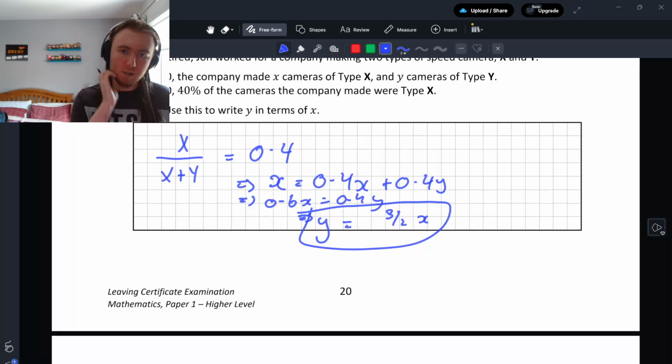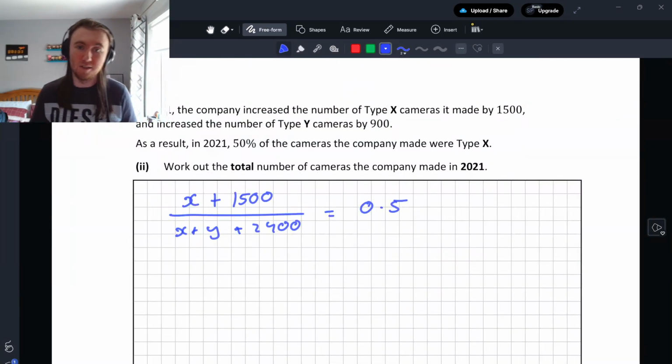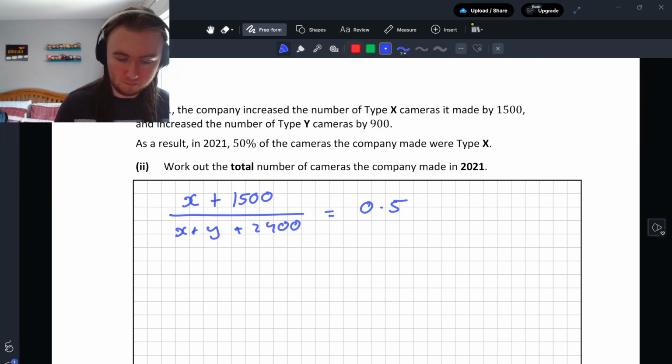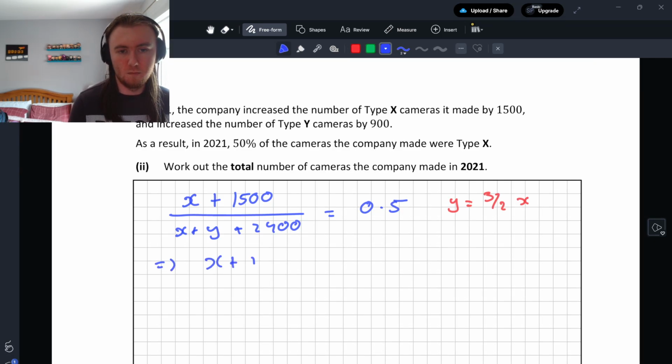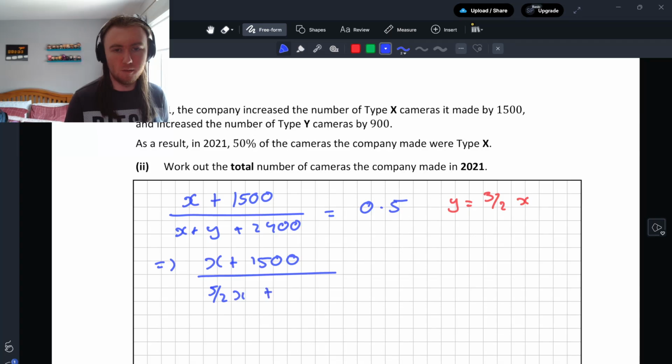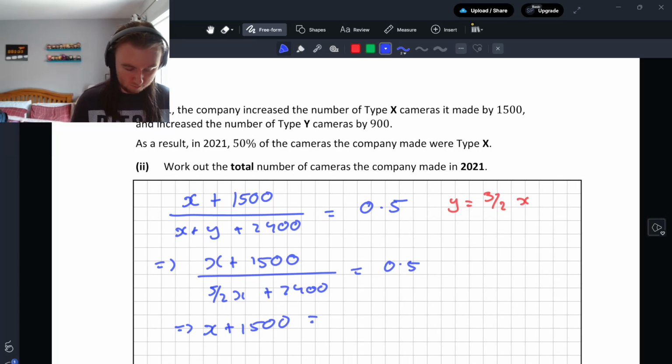We just need to have y being equal to 3 over 2 x as the original amount. So y equals 3 over 2 times x. 3 over 2 plus 1 is 5 over 2 x plus 2,400 equals 0.5. So we get x plus 1,500 equals 0.5 times 5 over 2, which is 5 over 4.